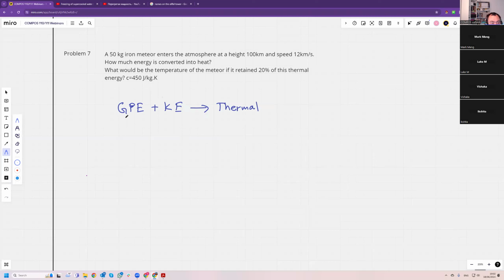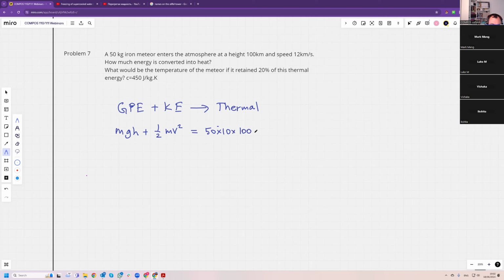Oh, and then we need to calculate the gravitational potential energy. So it's mgh plus 1/2 mv squared, which is m is 50 times 10 times 100 kilometers.